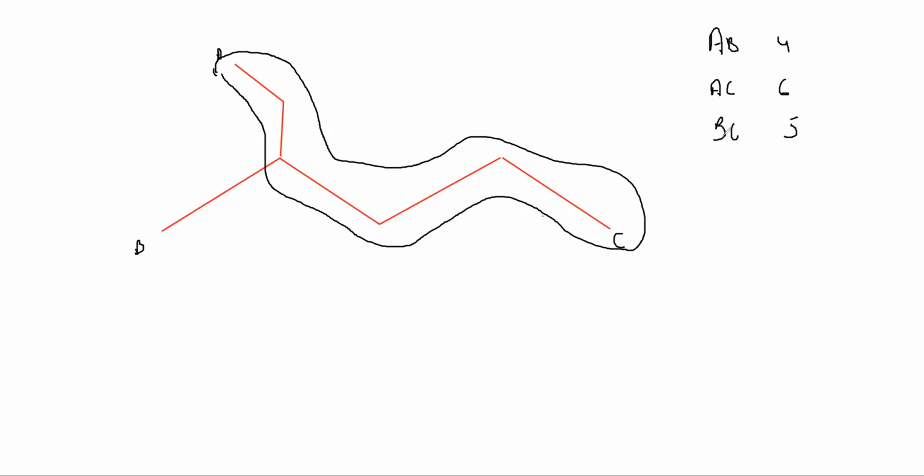Then numbering should start from the nearest. If I number 1, 2, 3. If I number the other way around, it will be 1, 2, 3, 4. So which numbering should I follow? The first one because it's coming at 3. How many carbon atoms are there in the branch? What is outside is a branch.